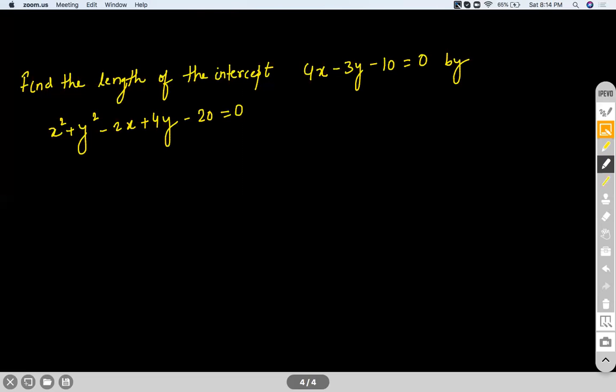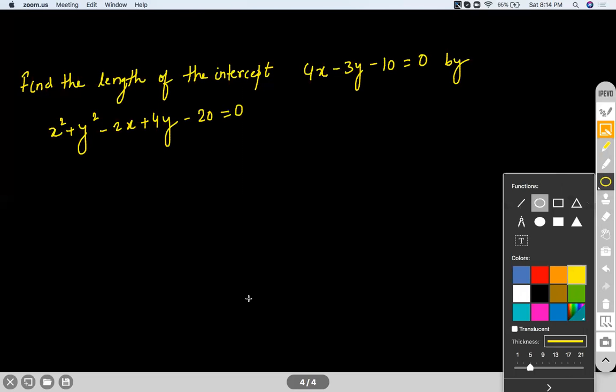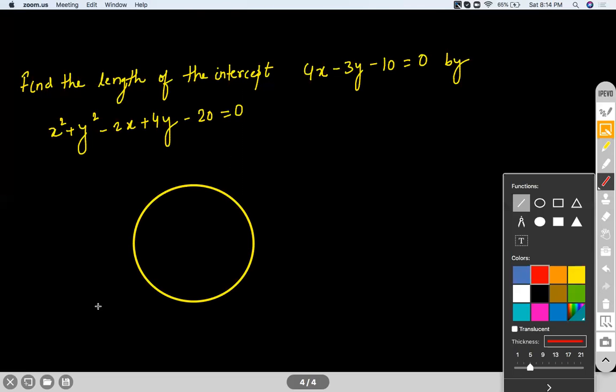Is the question clear? Yeah. So this is a circle, and let's say this is the straight line. They're asking you the length of this part.